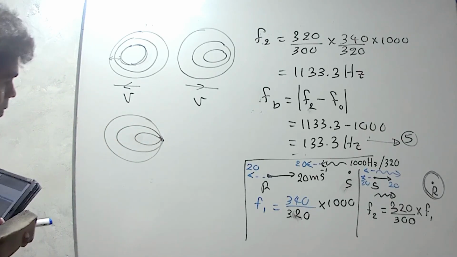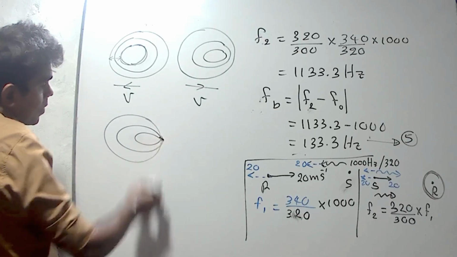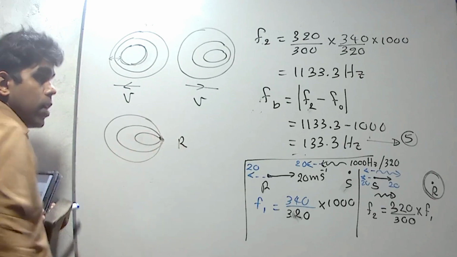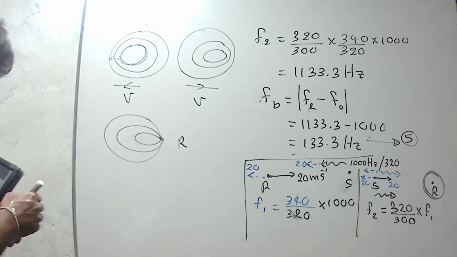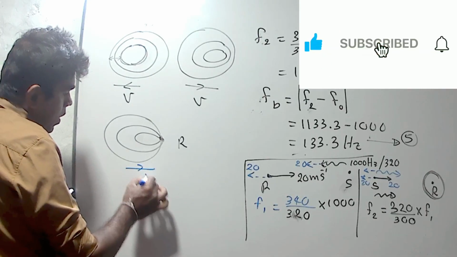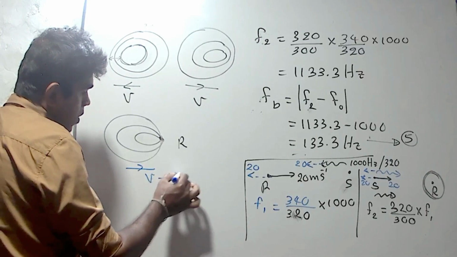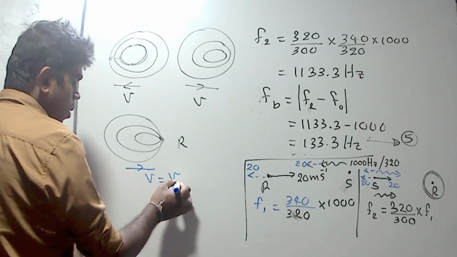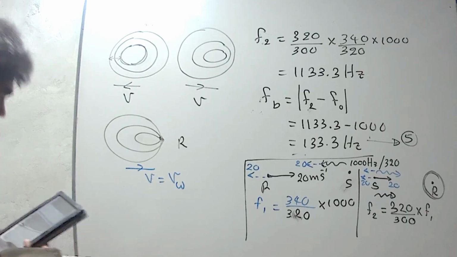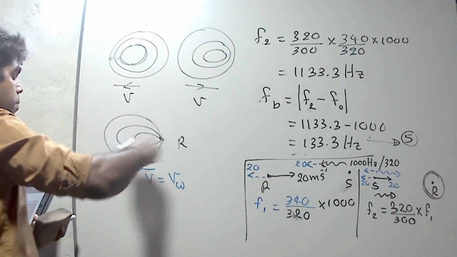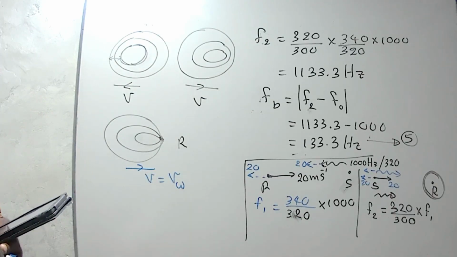It means a receiver in this direction can't observe the wave, because the source is moving with the velocity of the wave in the corresponding medium. Then moving left hand side, moving right hand side, then moving right hand side with the velocity of sound. Then the answer should be 5.